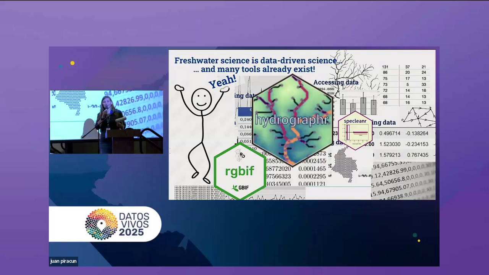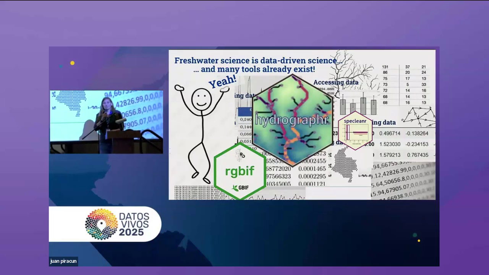For example, hydrographer, which is going to be mentioned a few times here today, I think. Especially in freshwater analysis, as you have this river connectivity, it's not always easy to analyze that kind of data. It's not just tables that you need to run some regressions on, but there is this network part that is actually not so easy to do.